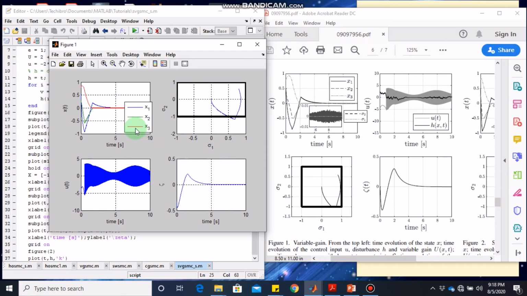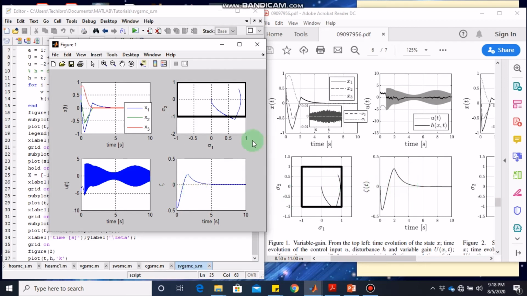Okay, so the blue line is x1, the green line is x2. You can see that these are very similar to what is shown in the paper. This red line is x3, and this is the control input function, which is this blue graph, and the zeta graph is a little bit different. Mine is different from the paper a little bit.